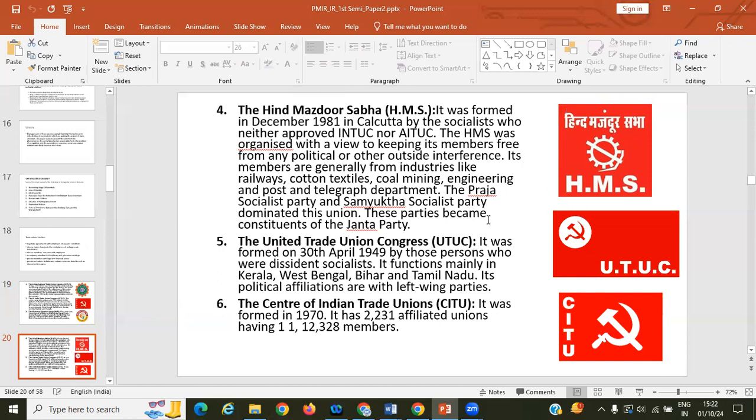If you read about it, there will be a little information. UTUC, United Trade Union Congress, was formed in 1949. Then the Centre of Indian Trade Unions, CITU. All these trade unions, maybe you are aware of.